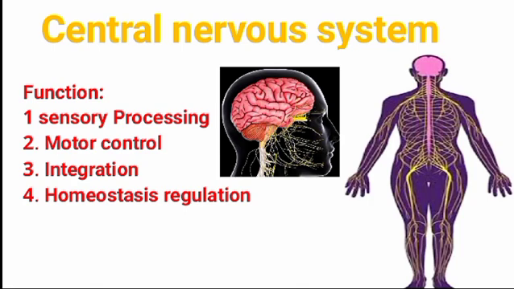The central nervous system integrates sensory inputs with stored information and generates appropriate responses, allowing for complex behaviors and decision making. And the fourth function is homeostasis regulation. In this, the brain maintains internal balance by regulating vital functions such as body temperature, blood pressure, and fluid balance.